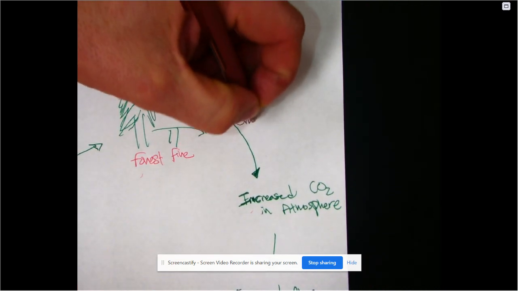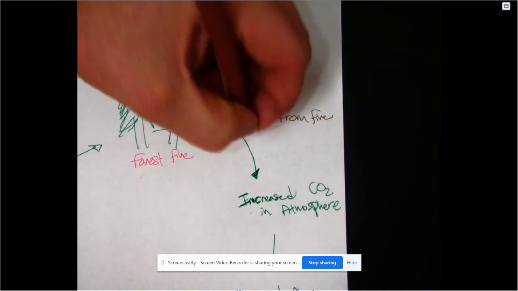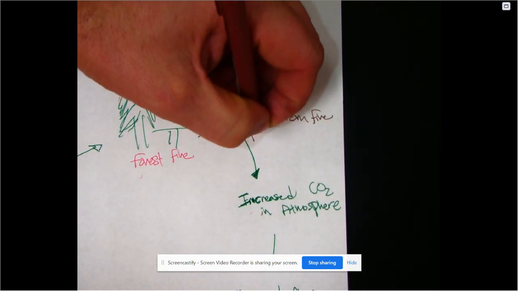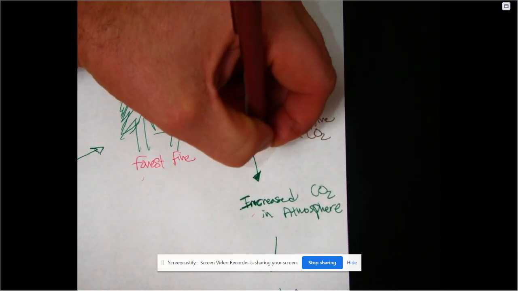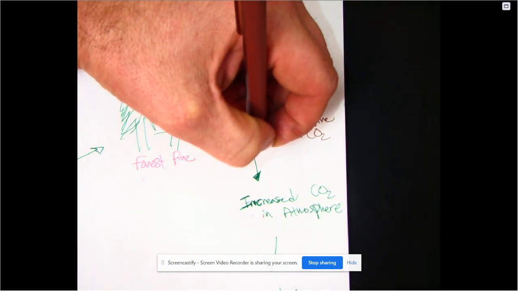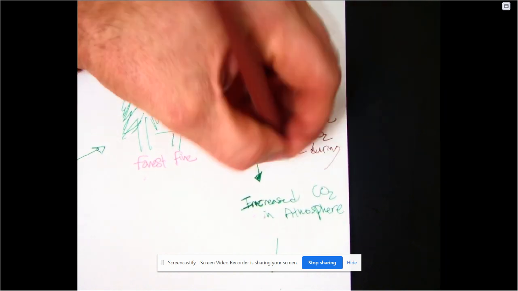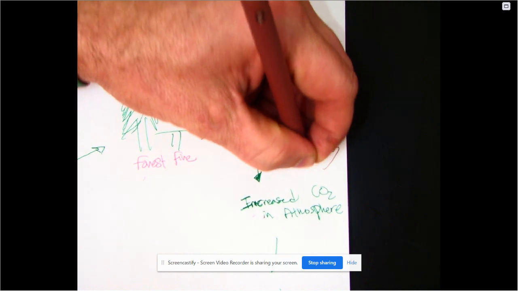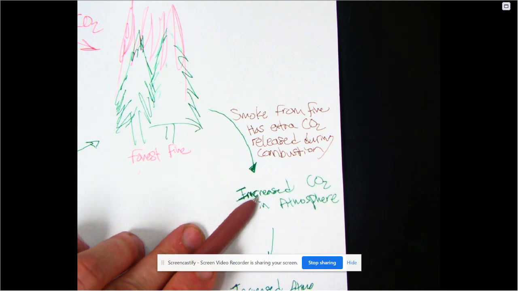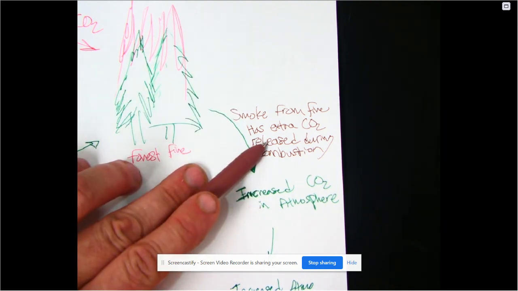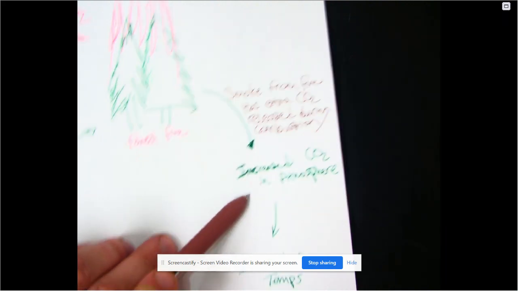So smoke from fire has extra CO2, okay, that was released during combustion. Okay, so we've got the combustion of these trees. Okay, we've got the oxygen plus fuel producing CO2, H2O, and releasing energy. So we've got increased atmospheric temperature.